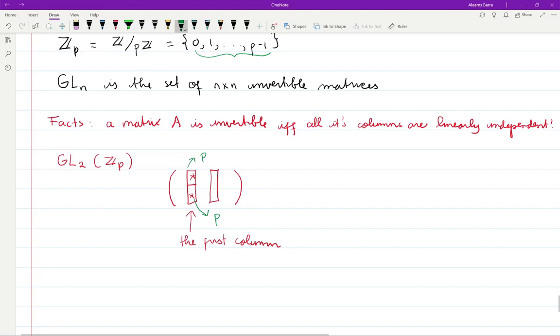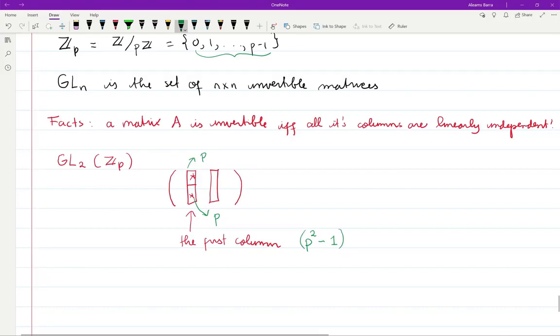So there are p squared ways to choose any first column, but we are not allowed to take the zero vector. So for the first column we are allowed to choose p squared minus 1, where the 1 is exactly coming from the zero vector.